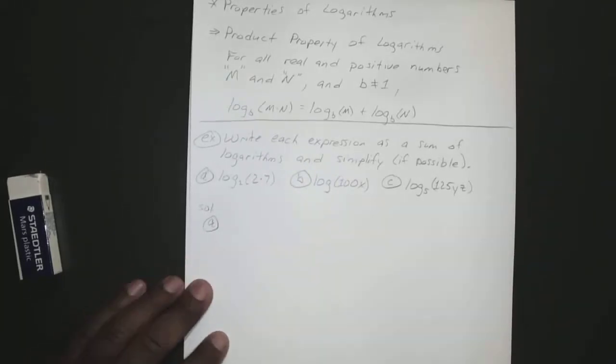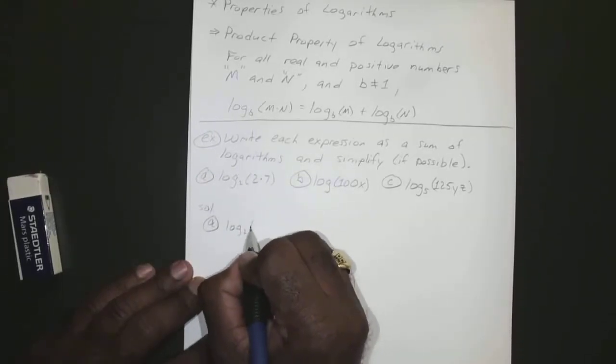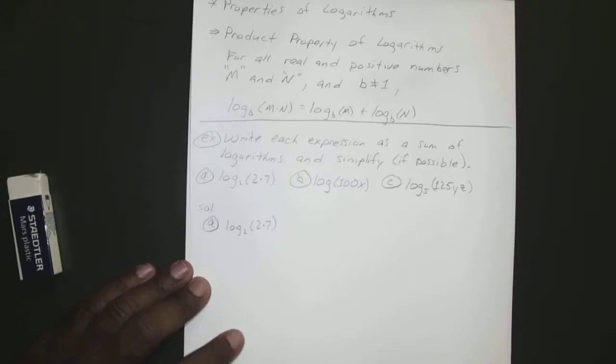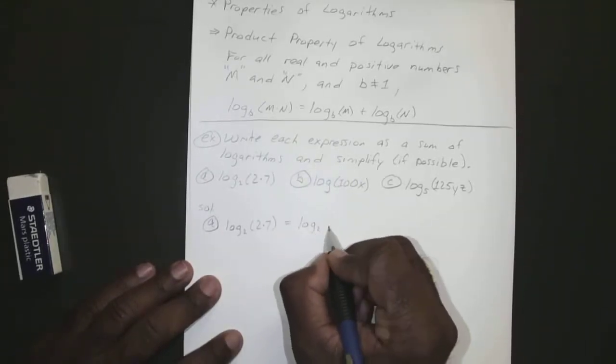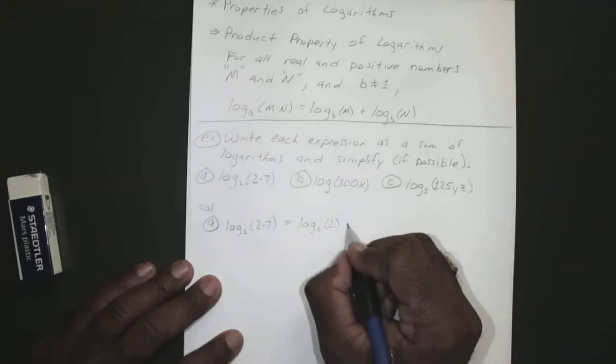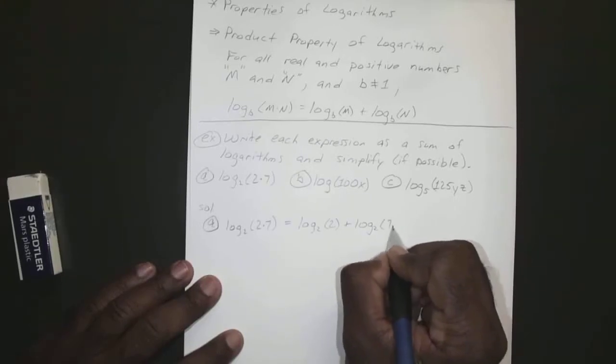Okay, so for problem A, using our product property, log base 2 of 2 times 7 just becomes log base 2 of 2 plus log base 2 of 7.